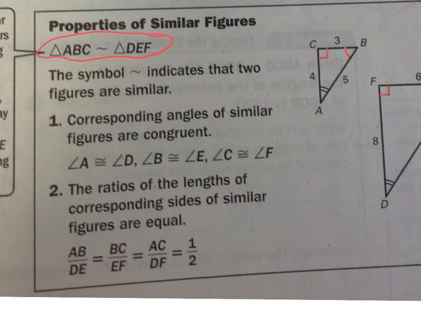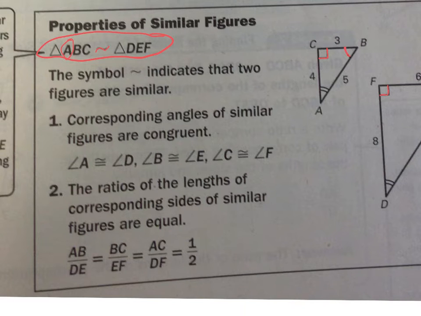That says triangle ABC is similar, see the similar squiggle, to triangle DEF. Because they're similar in that order, do you see where A is placed?